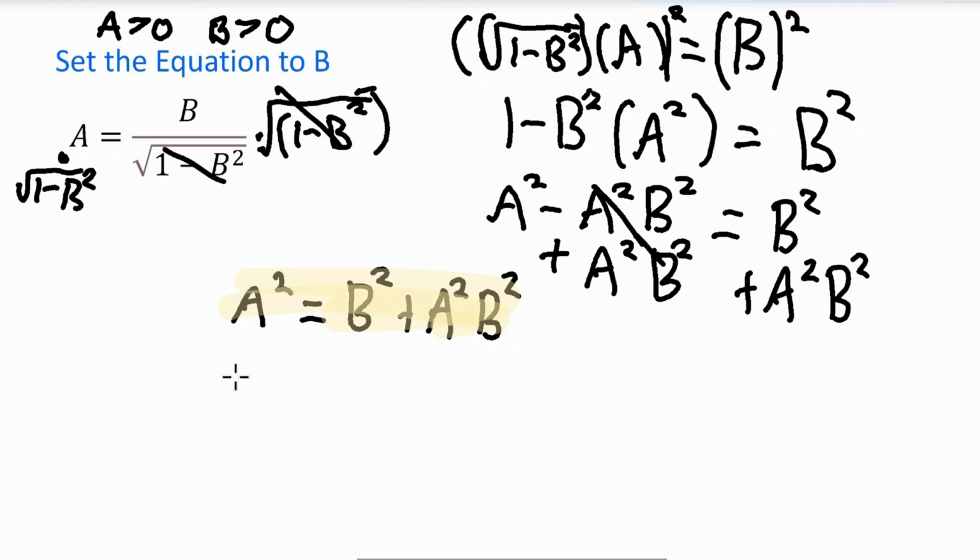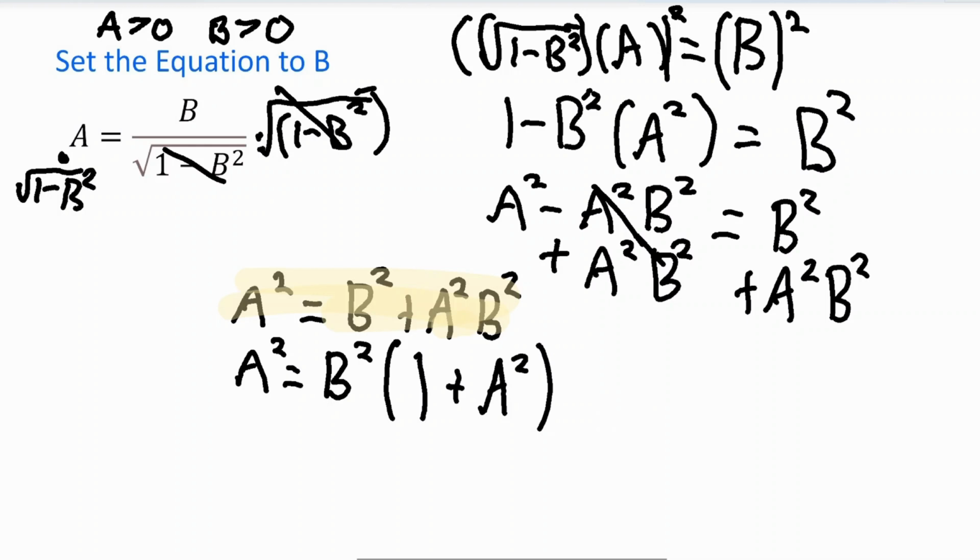So a squared is equal to b squared times, taking out the b squared from b squared, you get just 1, and taking out the b squared from a squared b squared, you get a squared.